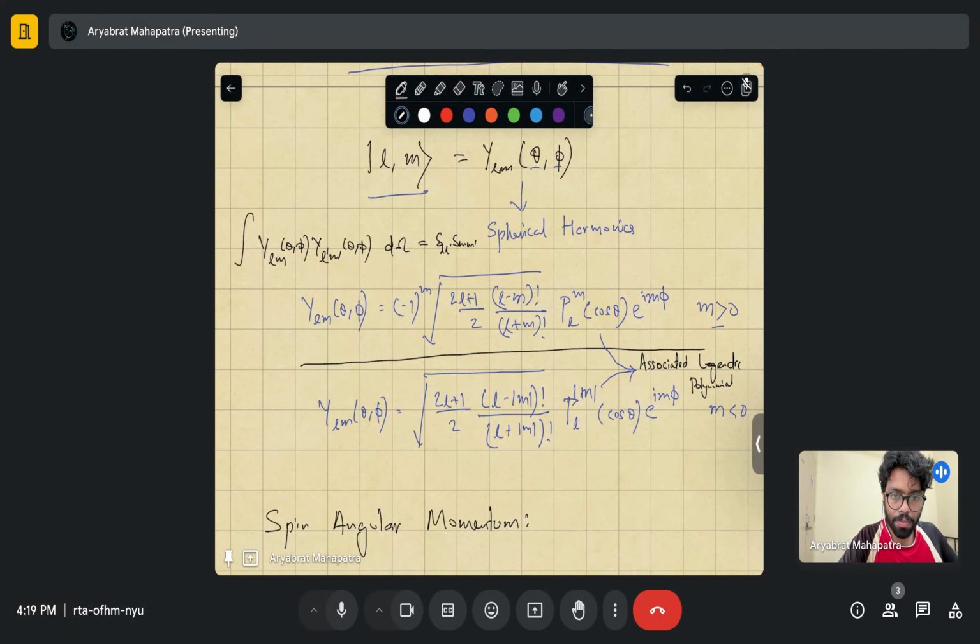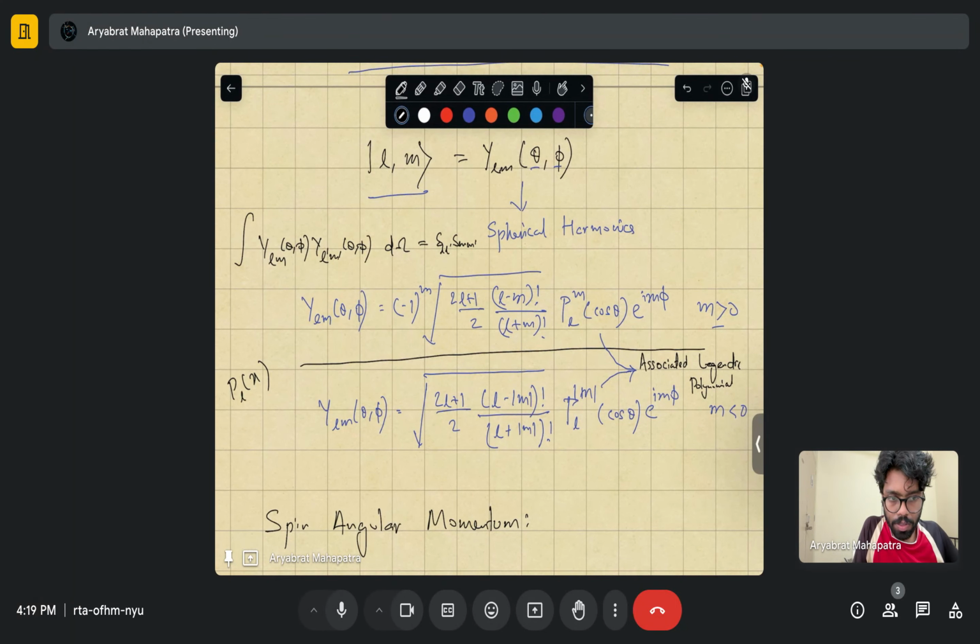I hope you have seen the Legendre polynomial, which we write as P_l(x). That is the same Legendre polynomial, but you have a different argument. You work on this theta coordinate, so that's where you have P_l(cos theta). These are called associated Legendre polynomials, not exactly Legendre polynomials.